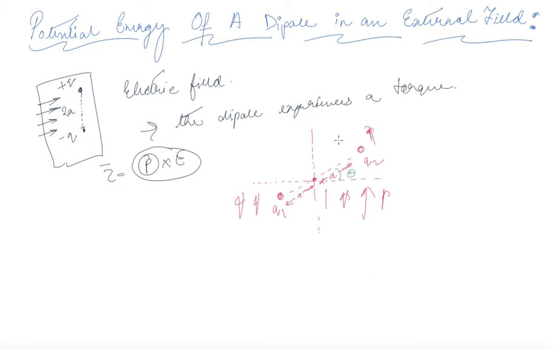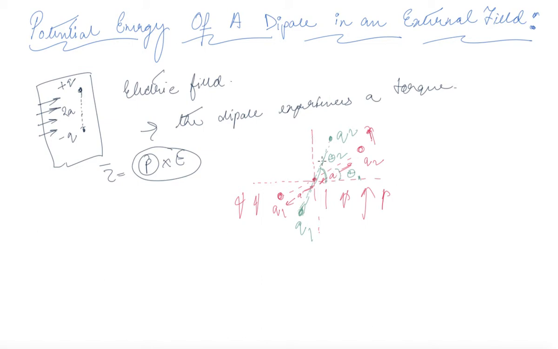Initially this was, say, theta 1. Later on, because of the torque, it rotates about the dipole center and comes in this direction. Say this is Q1, this is Q2, and let this angle be theta 2.